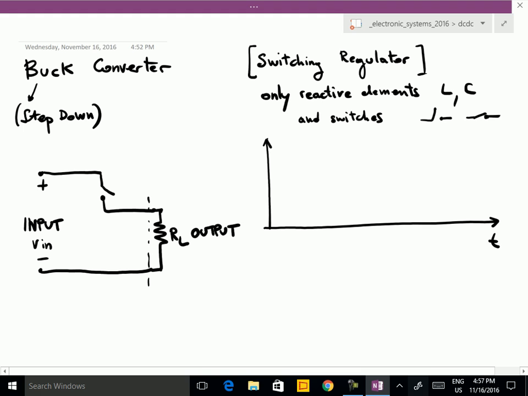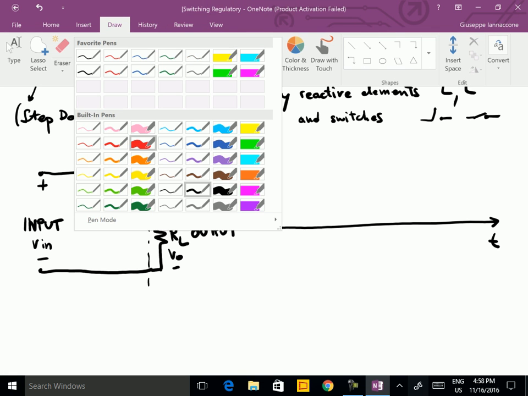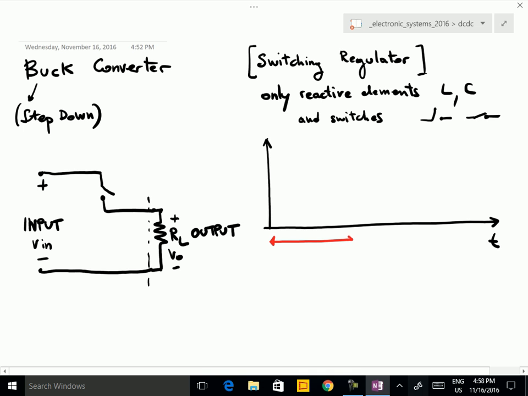When the switch is on, the output, let's call it VO, is equal to Vin. When the switch is off, the output is 0. So if I plot it here, for example, this is T on, the time period during which the switch is on, and I have that VO is equal to Vin, and then the switch is off, and so on.